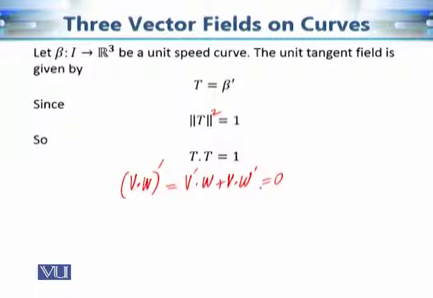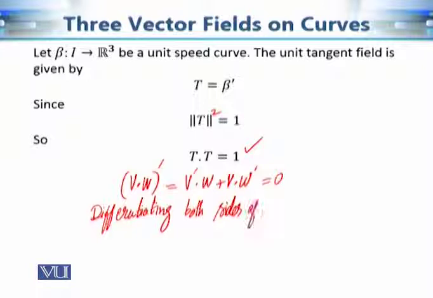Using this property for T dot T equal to 1, differentiating both sides of 1 gives T prime dot T plus T dot T prime is equal to 0.